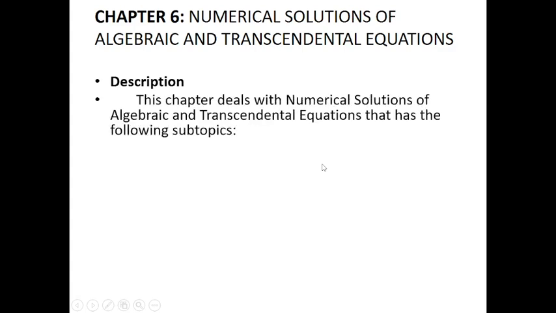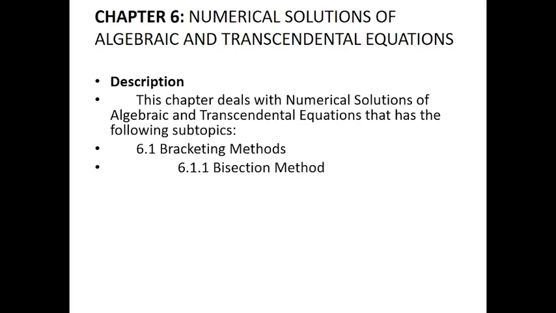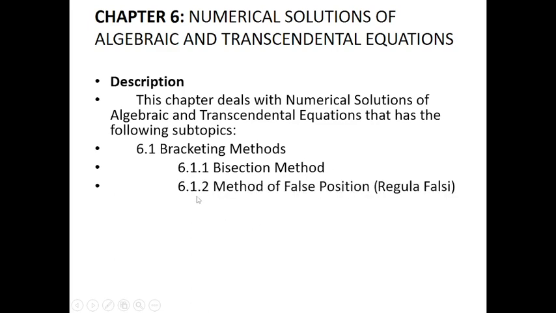So description: this chapter deals with numerical solutions of algebraic and transcendental equations that has the following subtopics. First, the bracketing methods, and under bracketing methods we have the bisection method. I'm going to introduce this later. Then another method is the method of false position, also called the regula falsi method. And then we have non-bracketing methods, also called open methods.